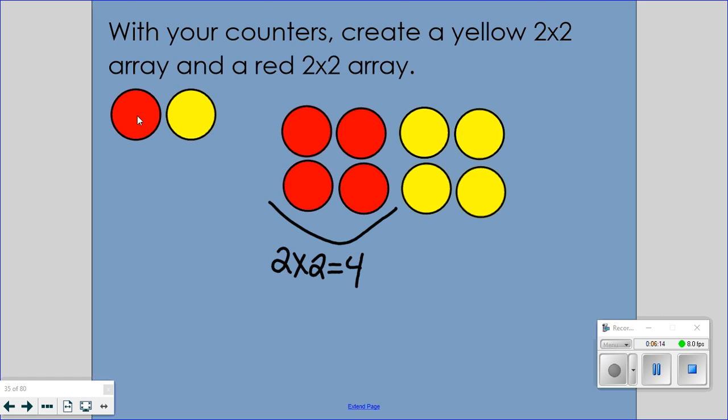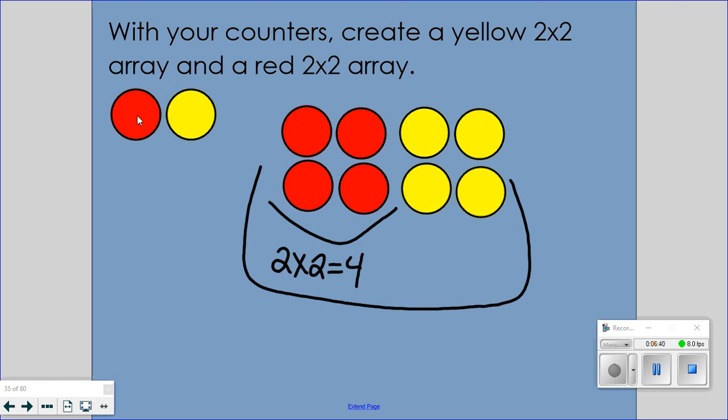So now, if I take my whole array, what equation matches that picture? What matches the whole picture now? Jalen? 4 times 4. No, I don't have 4 groups of 4. 2 groups of 4.